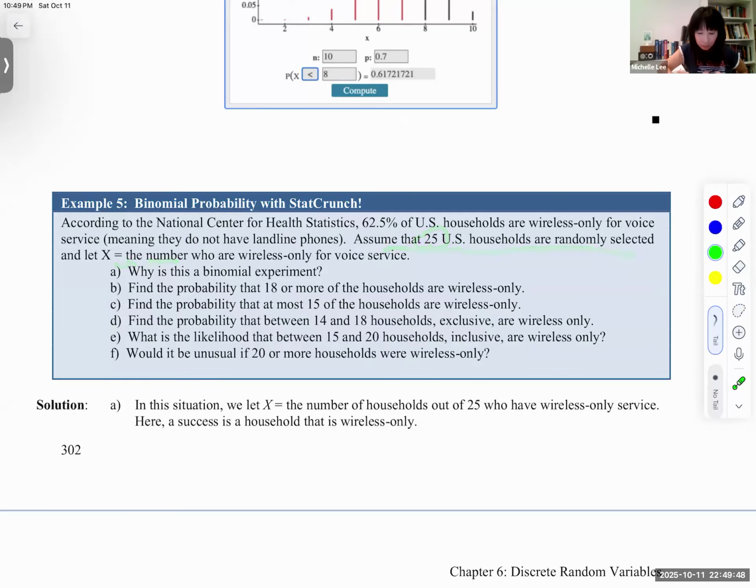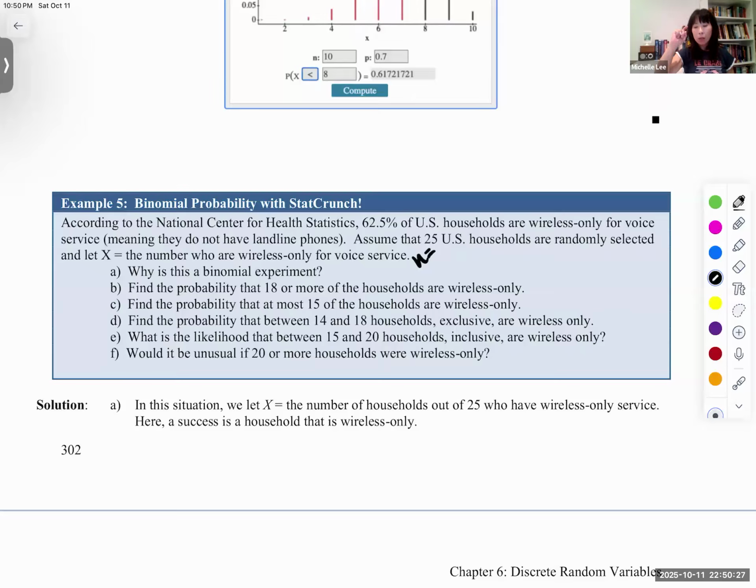Binomial, so let's check the fixed number of trials. n equal to 25, yes. And then success is wireless only voice service, right? Failure is not wireless only voice service, right? And the third one, the probability is 62.5% for wireless only, right?